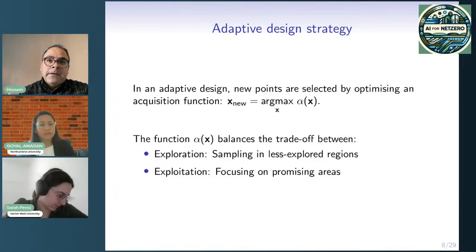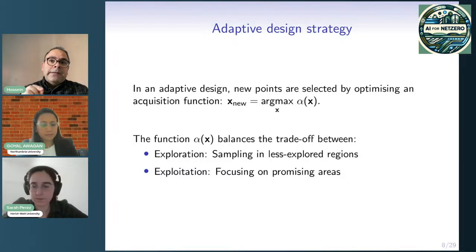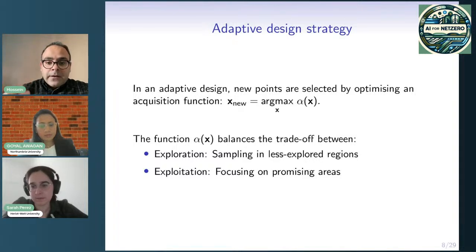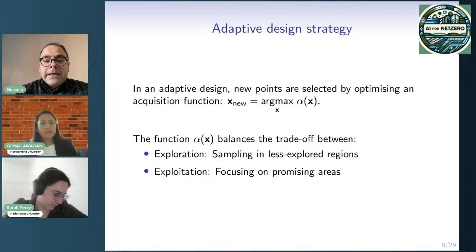Exploitation means that we have already sampled in a region, and we found that it's a promising region, so we want to sample more points there. Again, we need an acquisition function because it provides a trade-off between exploration and exploitation. In fact, all adaptive design approaches are based on proposing a good acquisition function.